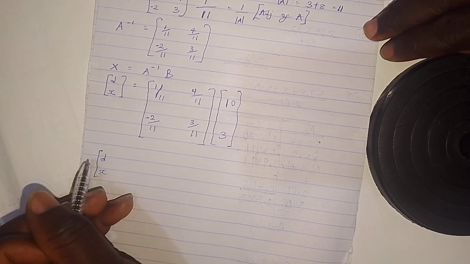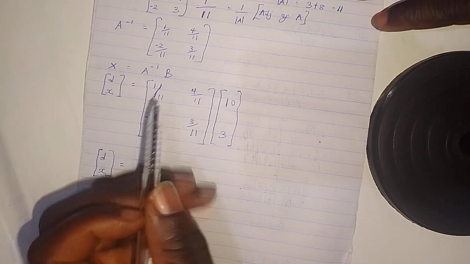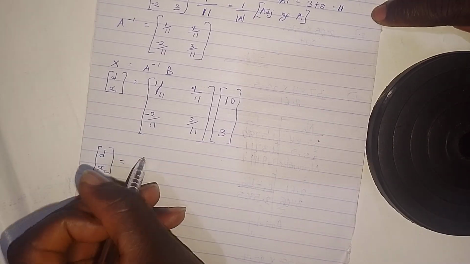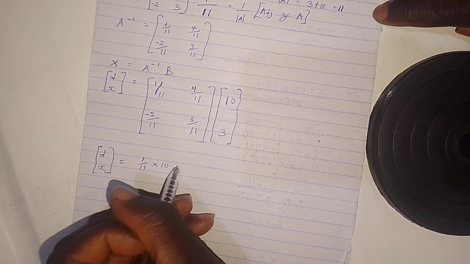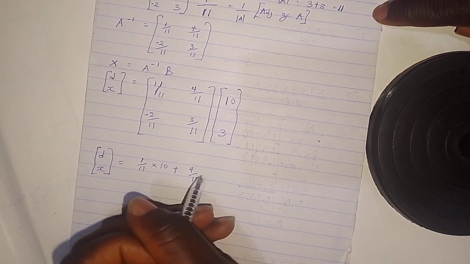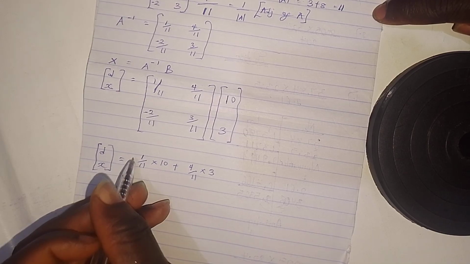dx is equal to the multiplication of matrices. We multiply this row with this column. So 1 over 11 times 10 plus 4 over 11 times 3. We are done with that.